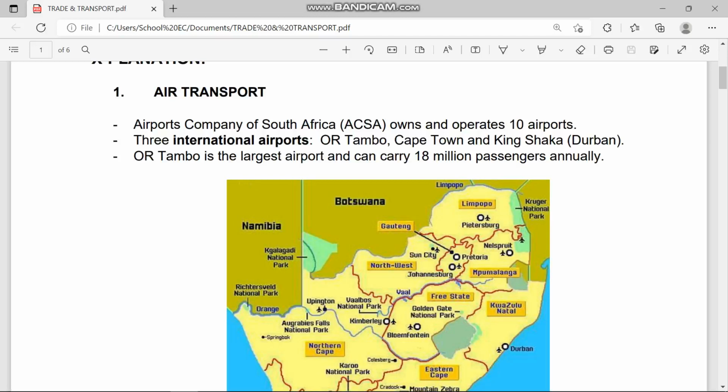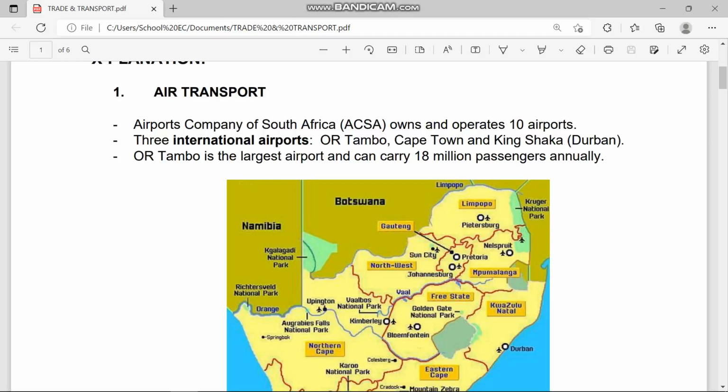At least we are active. There are three international airports: OR Tambo, the very first one, which is in Johannesburg; Cape Town, which is arguably Winnie Mandela Airport; and King Shaka in Durban. These are the international airports that you must know.